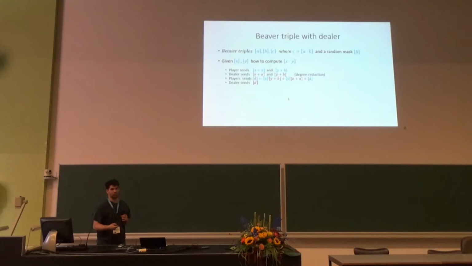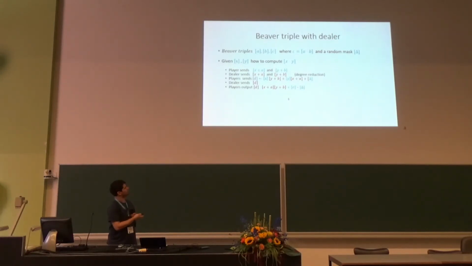The dealer is, of course, once again going to reshare this value, because if the dealer can learn a value and it's still secure, then everybody can learn a value, so we can use a low degree polynomial. Then, of course, we're just going to reuse the formula as we did before.